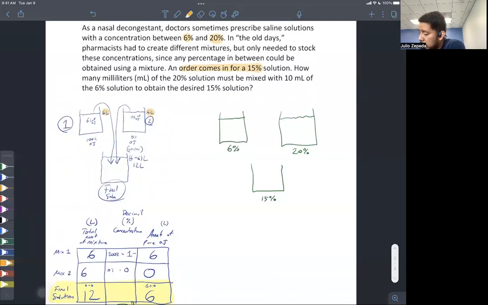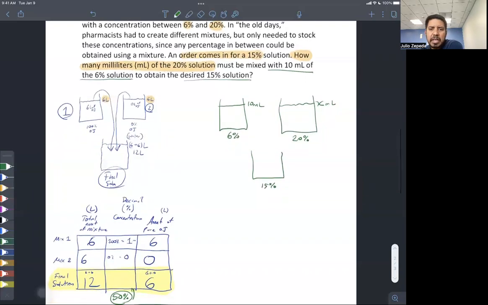How many milliliters of the 20% solution? We don't know how many milliliters should be mixed in of the 20% solution with 10 milliliters of the 6% solution. So we know we're going to mix in 10 milliliters of the 6% solution, and we want to obtain the desired 15%.